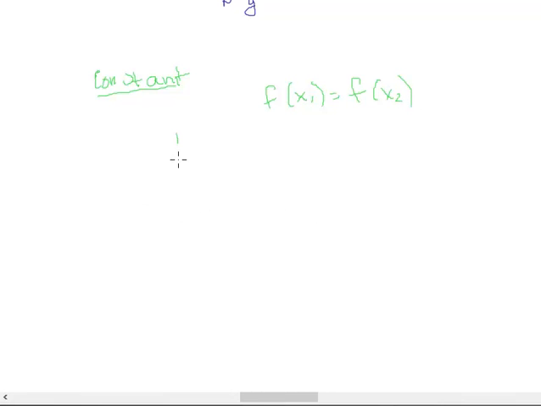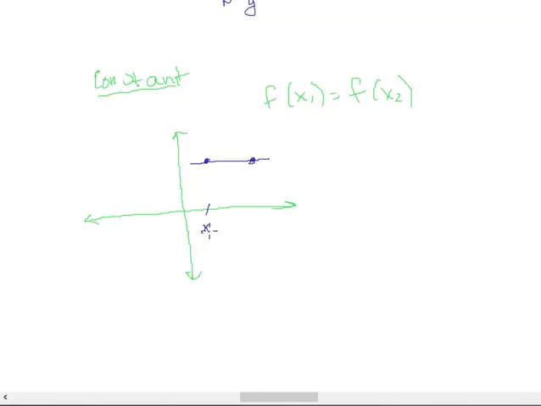So again, how is that reflected when we're looking at a graph? Well, if it's constant, then those y values will be the same.